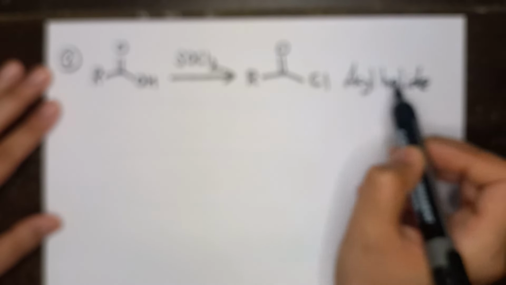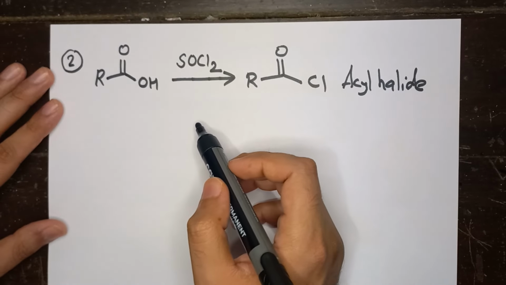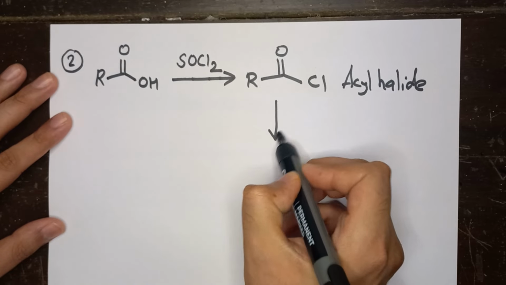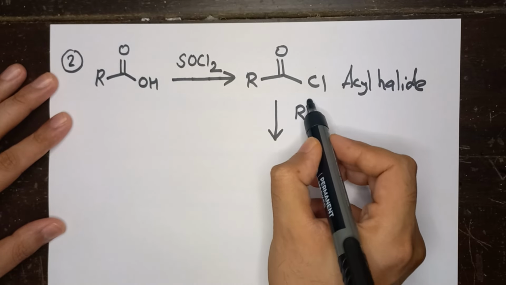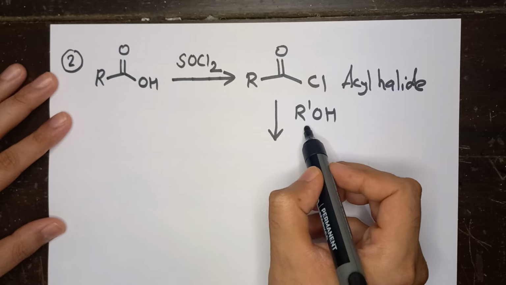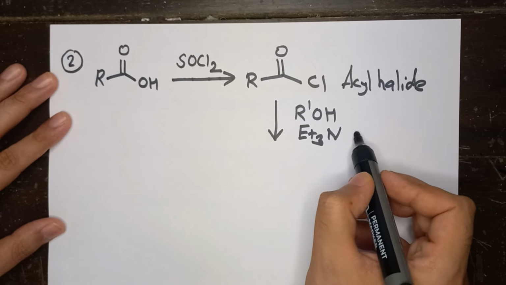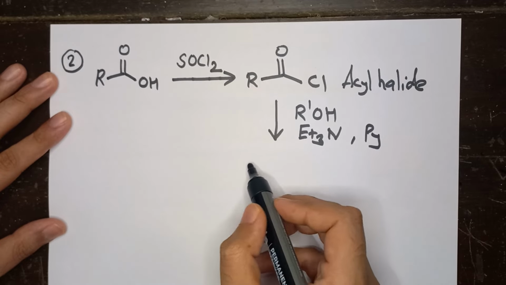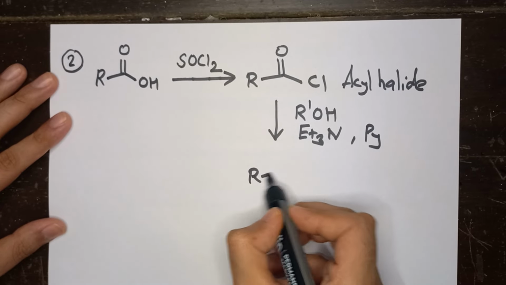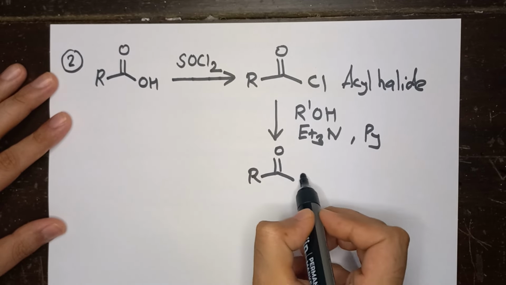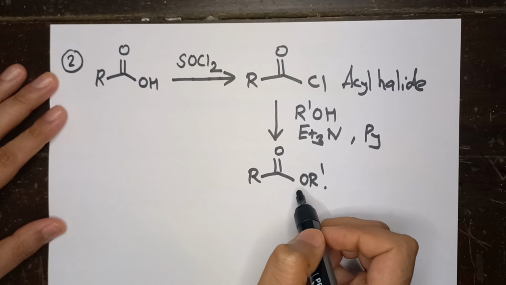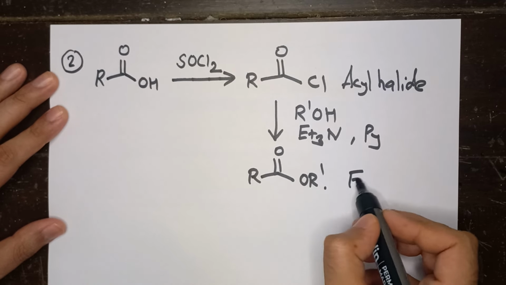Here we have an acyl chloride. Now, for the second step, you need an alcohol with a base. Base you can use like triethylamine, or maybe you can use pyridine as a base. And this will generate the product we are looking for, that is an ester.